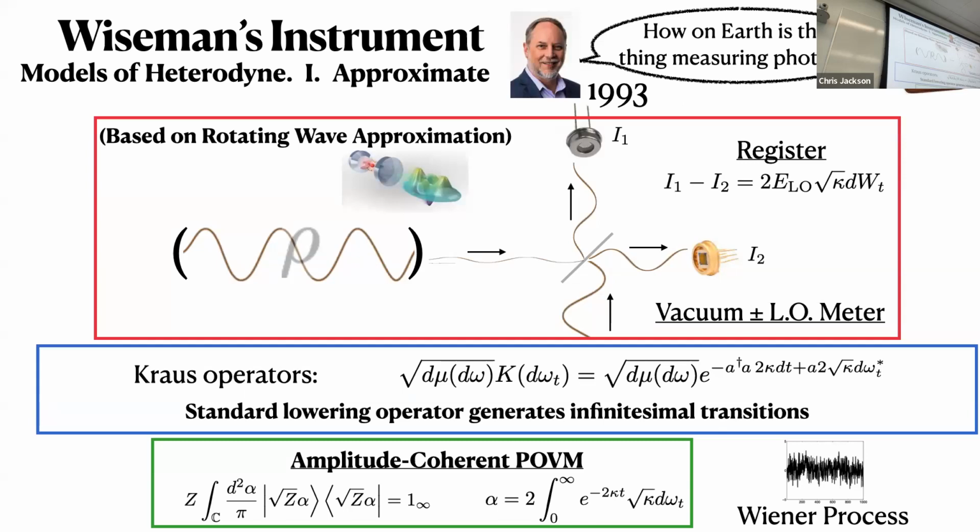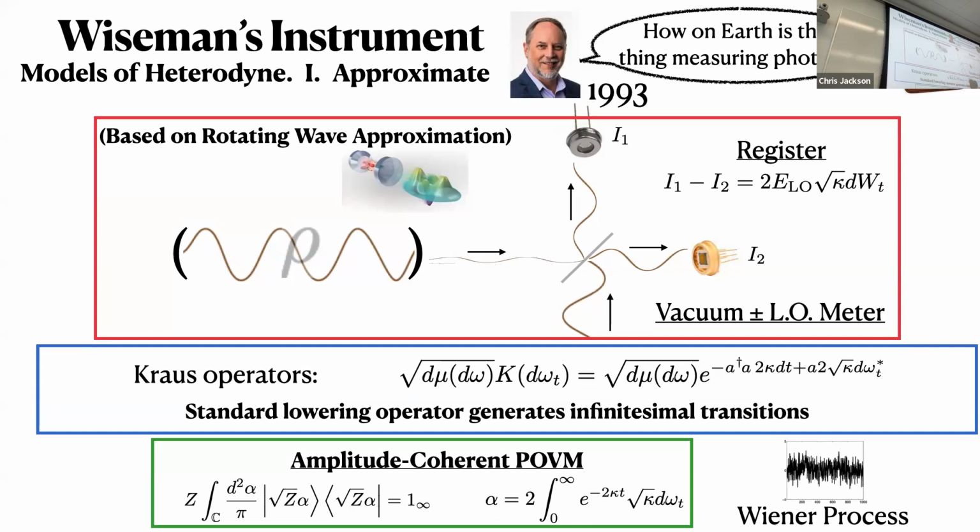Part of Wiseman's work was indeed, if you do this kind of measurement, then you get the by then famous coherent state measurement, resolution of the identity. So this is a nice famous result that heterodyne, what a radio actually does, is intimately related with the coherent state resolution of the identity.